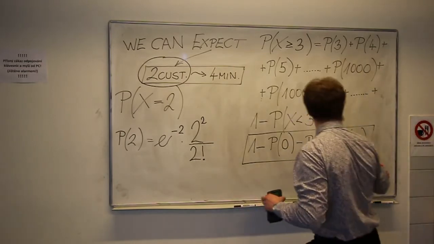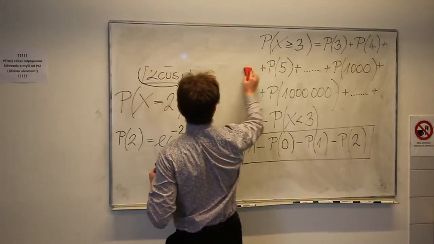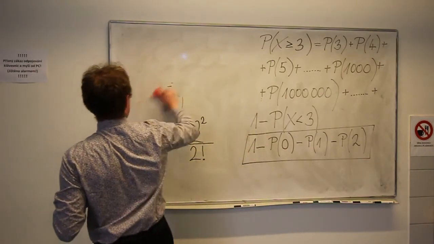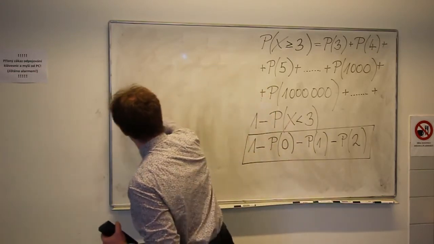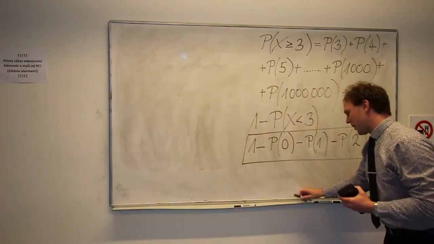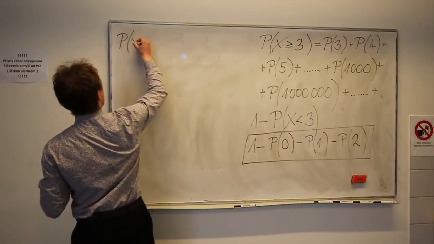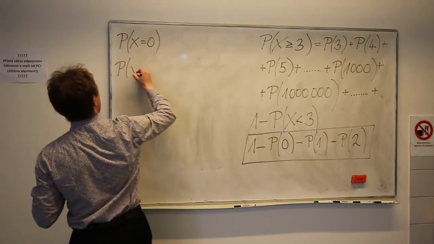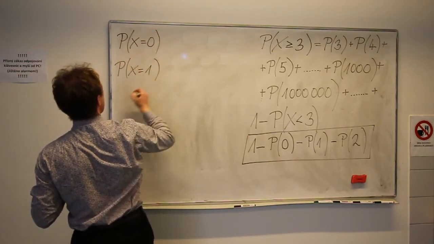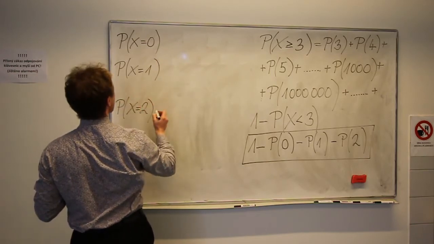So I will clean this part of the whiteboard. Okay, this will be deleted. And we will solve the probability functions. So there will be the probability that random variable x will be equal to 0, the probability that random variable x will be equal to 1, and the probability that random variable x will be equal to 2.